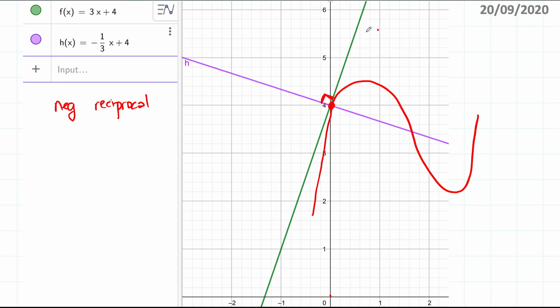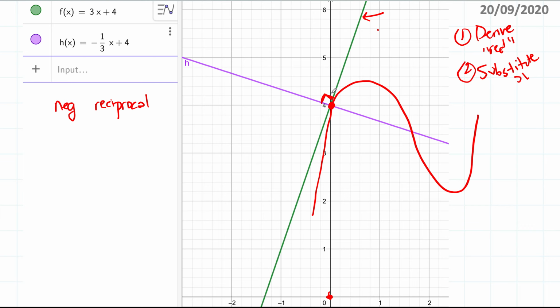I could find the gradient of this tangent by first deriving my red function and then substituting the x that I need. So the x I can take from here, that's 0. That would give me the gradient of the green tangent line, which in this case is 3.